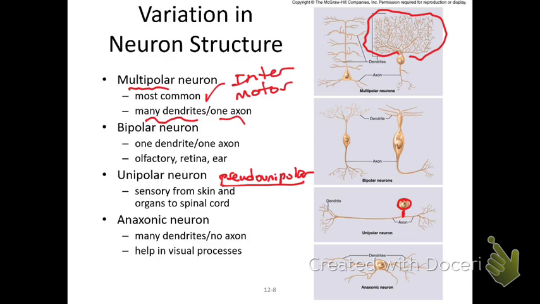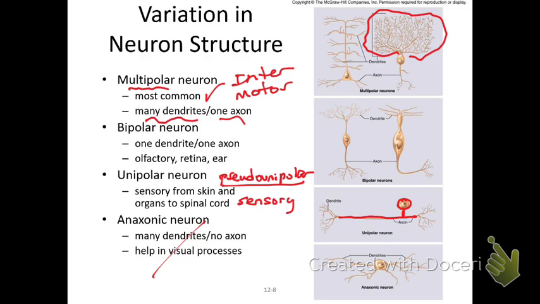That's why it's called unipolar. And much of this is axonal or axonic. And this is the morphology of your sensory neurons. So the sensory neurons that we're going to see in this chapter and in this unit are going to be unipolar in their shape. We're not going to worry about the anaxonic neurons.